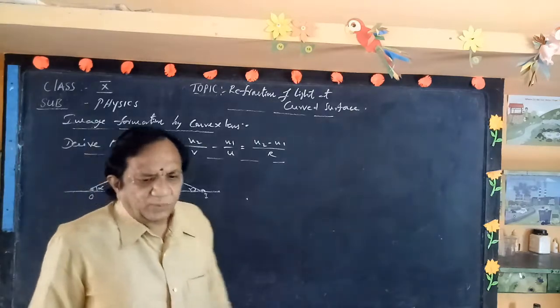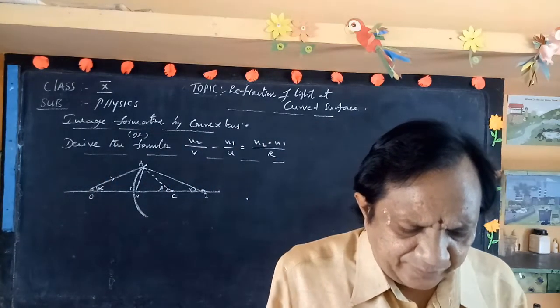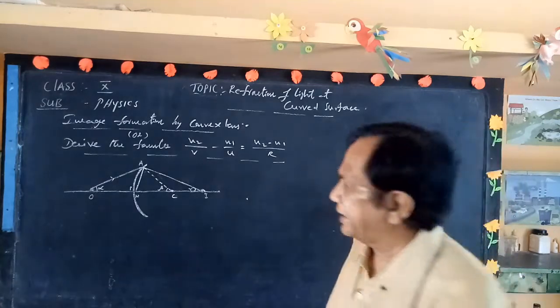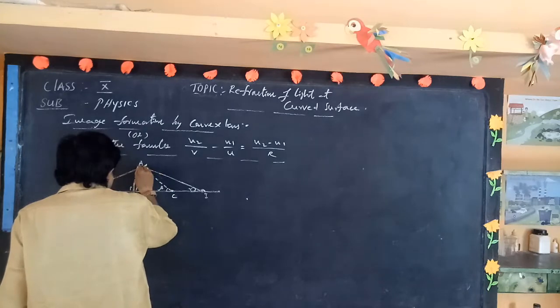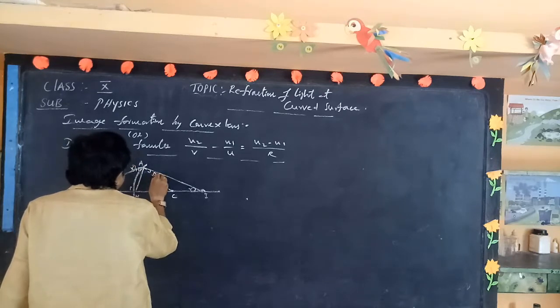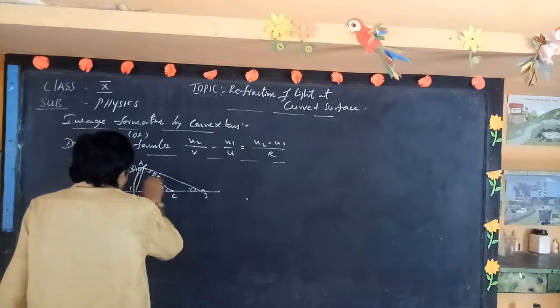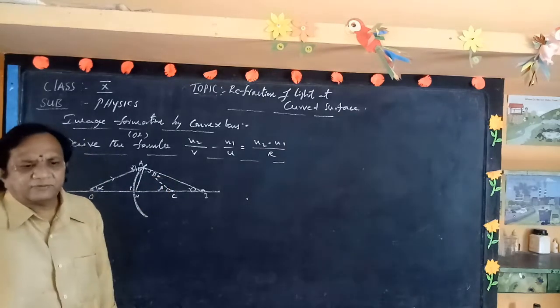And here at point A we consider the angle theta 1, and here the angle theta 2. So this is the diagram for this.